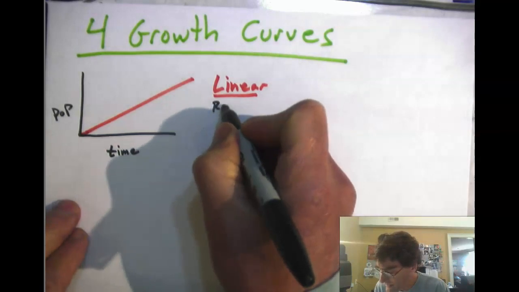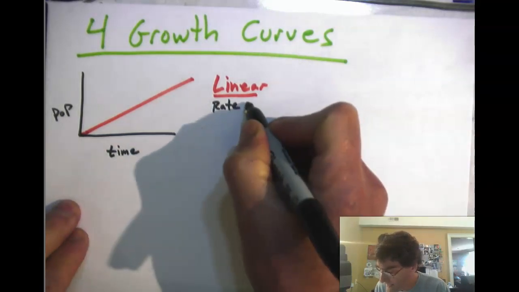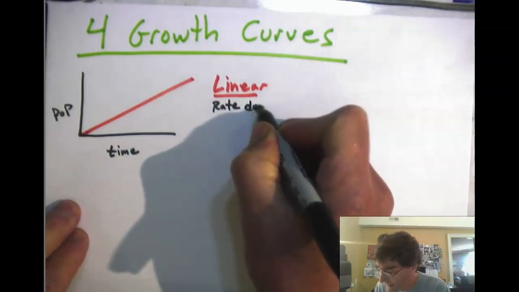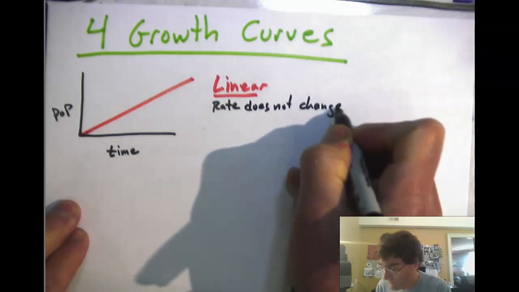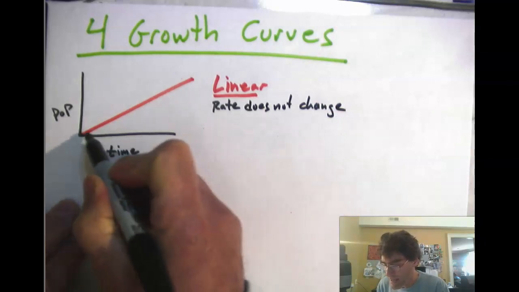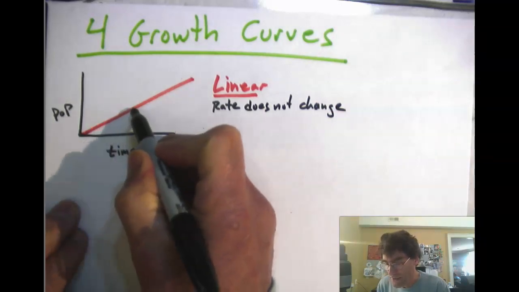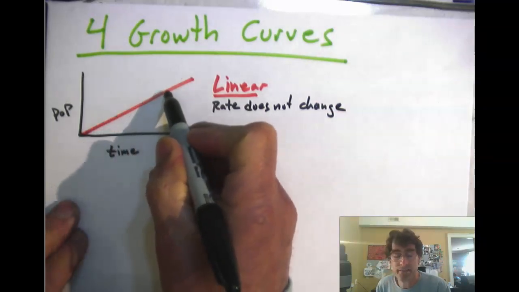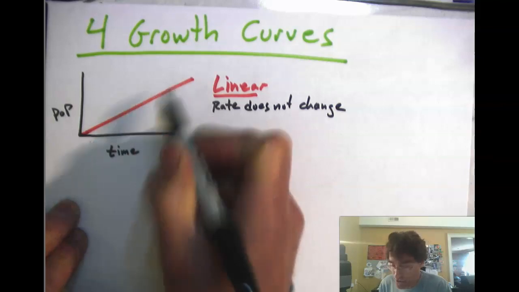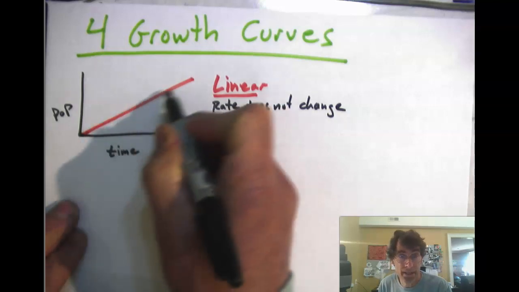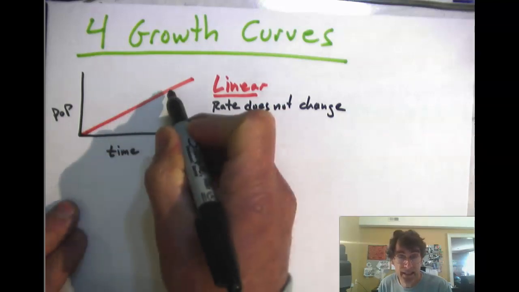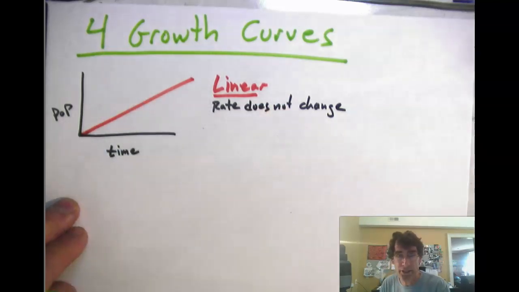That means the rate does not change. As time goes on, the same number of individuals are added each week, each year, whatever that is. The slope is a specific number. The rate does not change.